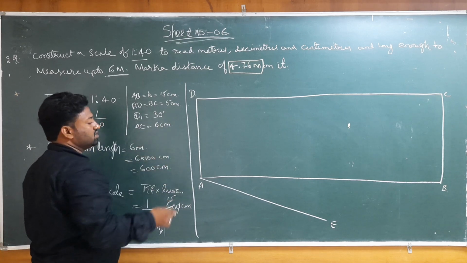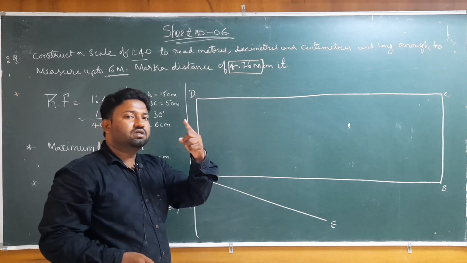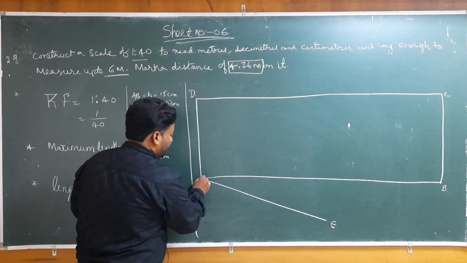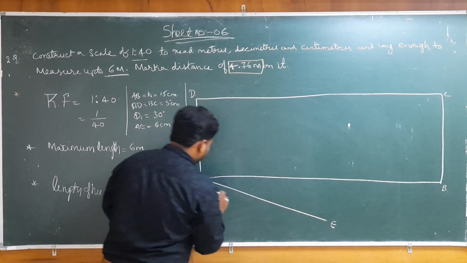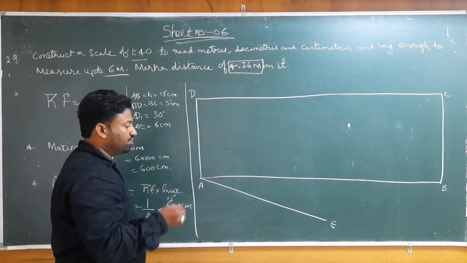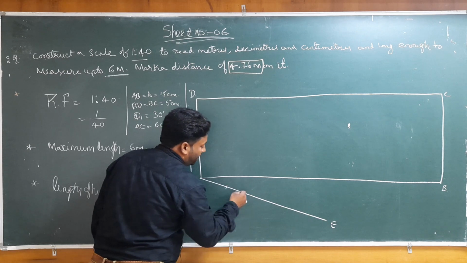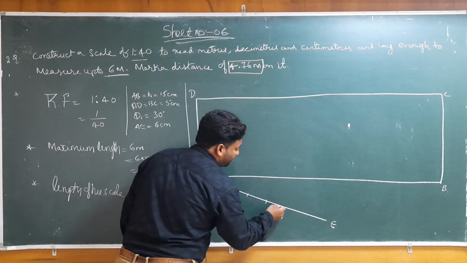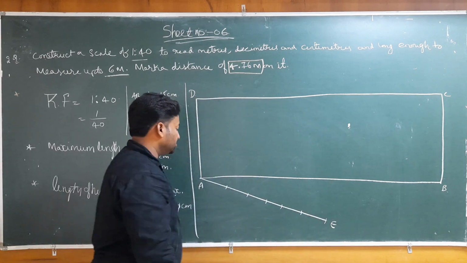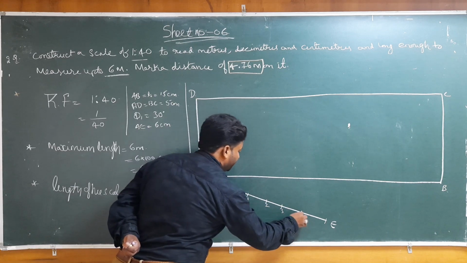If I divide this 6 centimeter line into 6 equal parts, each division will be 1 centimeter. So with the help of the scale, we mark exactly 1 centimeter: 1, 2, 3, 4, 5, and the sixth point is E.